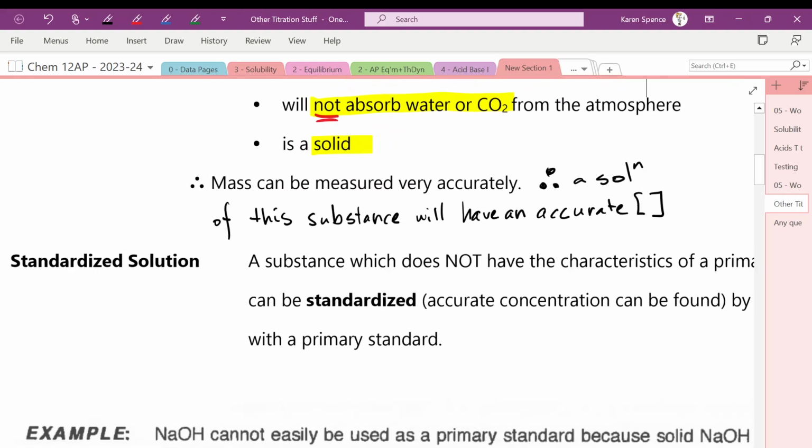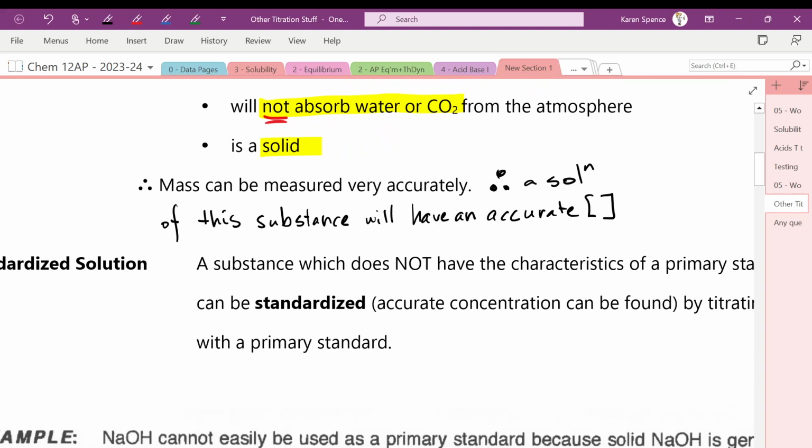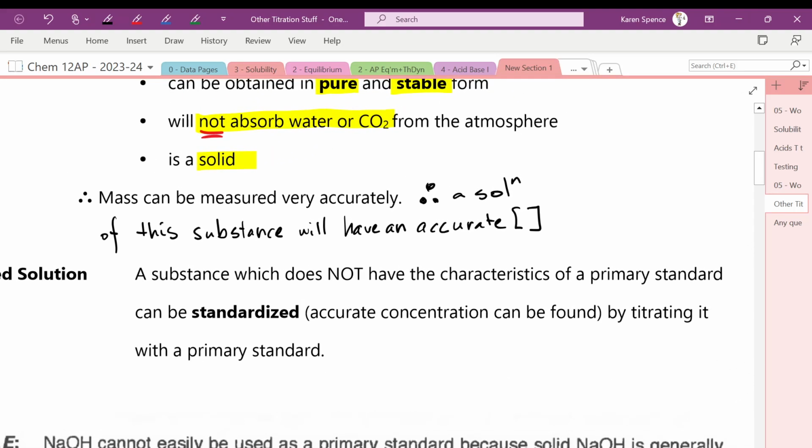So a standardized solution, if we have a substance which does not have the characteristics of a primary standard, in other words, maybe it is like HCl, is a gas. It is actually bubbled into water to make concentrated HCl, and then you can dilute it from there. Okay. If you have NaOH, it absorbs water, and so it won't be very pure.